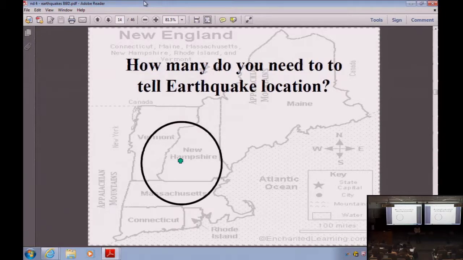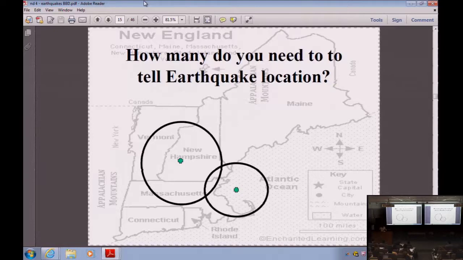What would you do if you wanted to try to figure out exactly where it was? What could we do? So we could call someone else who was building a seismograph machine for class, not the best location, right, in the Boston Harbor, essentially, and ask them, did you feel the earthquake?